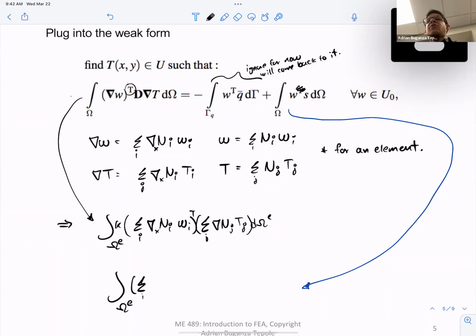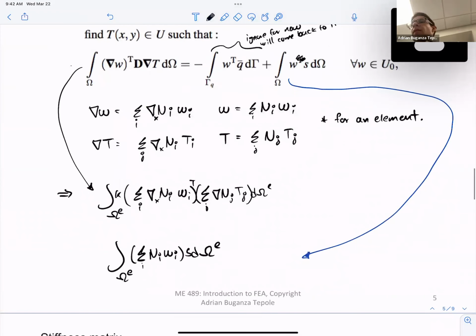This one has a transpose because this is a vector. And Ni Wi times s. So again, all I did was put the discretization into these two integrals.